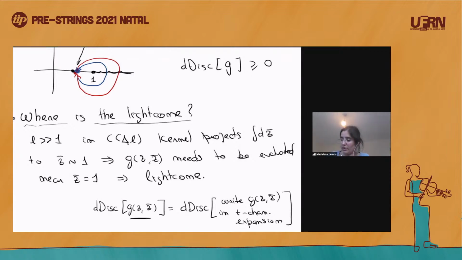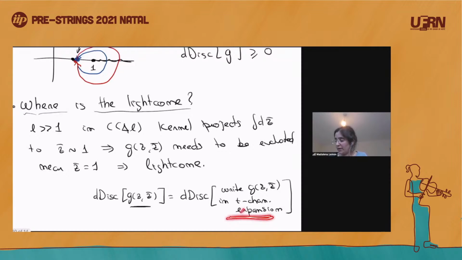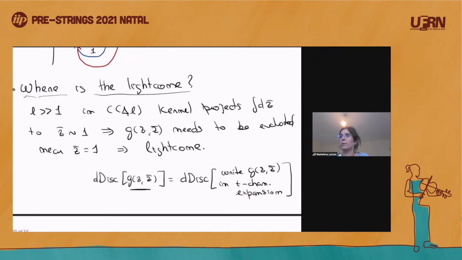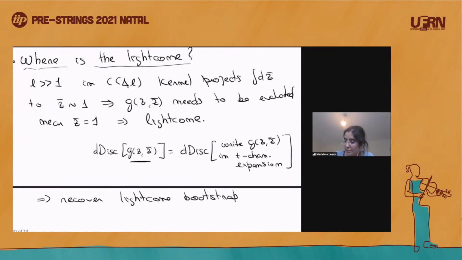And now when you send Z bar to 1, you again discover the lowest twist operators dominate, and you recover everything from the light cone bootstrap. And if you want to work in a perturbative expansion in 1 over L, then you expand this in powers of 1 minus Z bar, and you go on, and it's just the same as the light cone bootstrap. And this in particular gives you an asymptotic series in 1 over L.